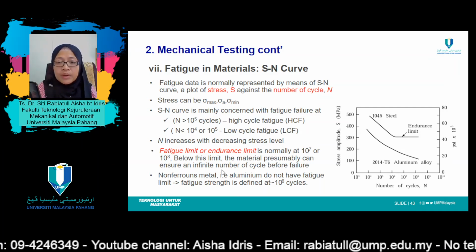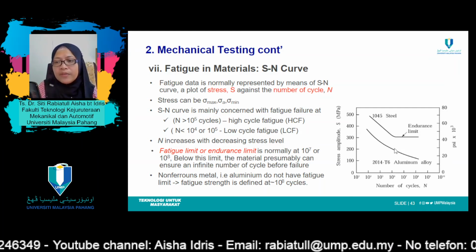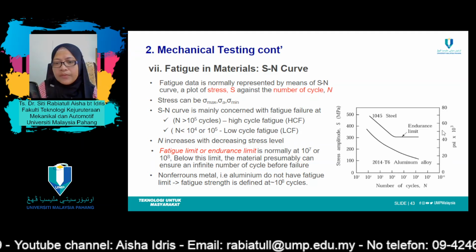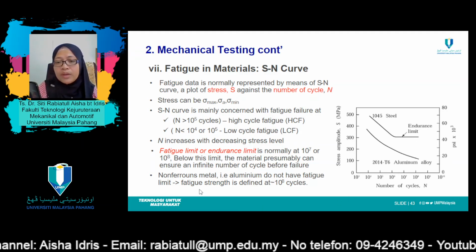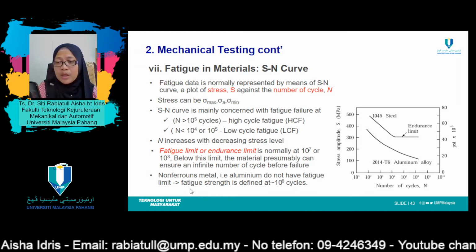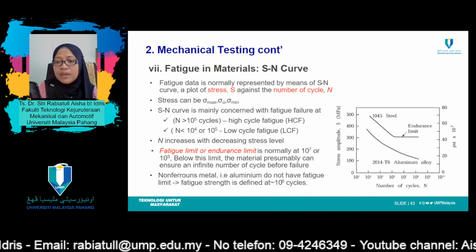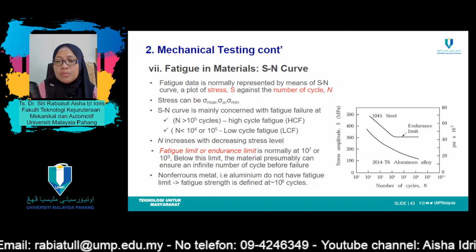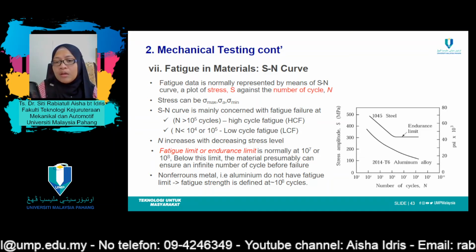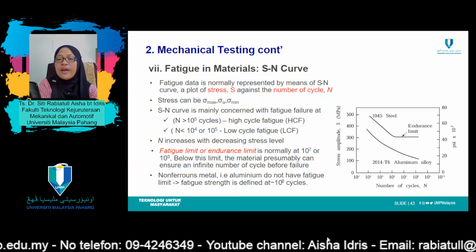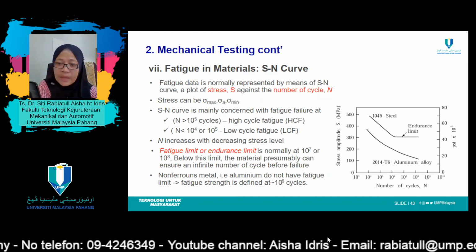Fatigue limit, this is the fatigue limit or endurance limit, is normally at 10 to the power of 7 or 10 to the power of 8. Below this point, the material is presumably having an infinite number of cycles before failure.